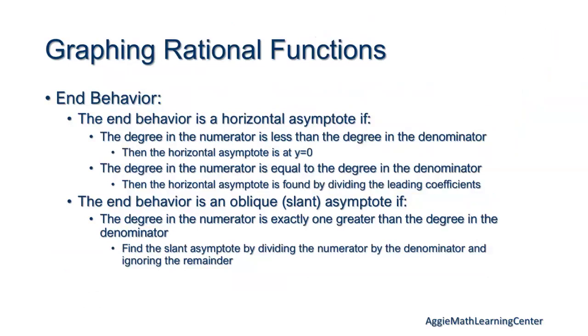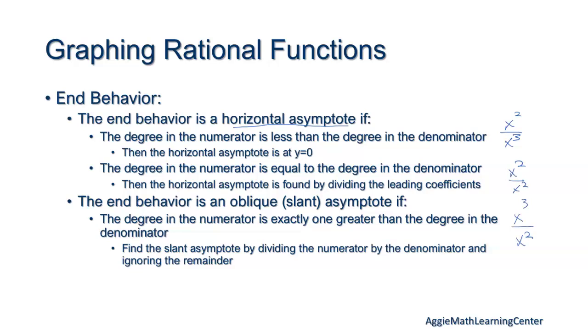And then this is important as well. You can have a horizontal asymptote if the degree in the numerator is less than the degree in the denominator, or if they equal each other. And then you have an oblique asymptote if you have one slightly greater than the one on the bottom. So these are all your different situations.